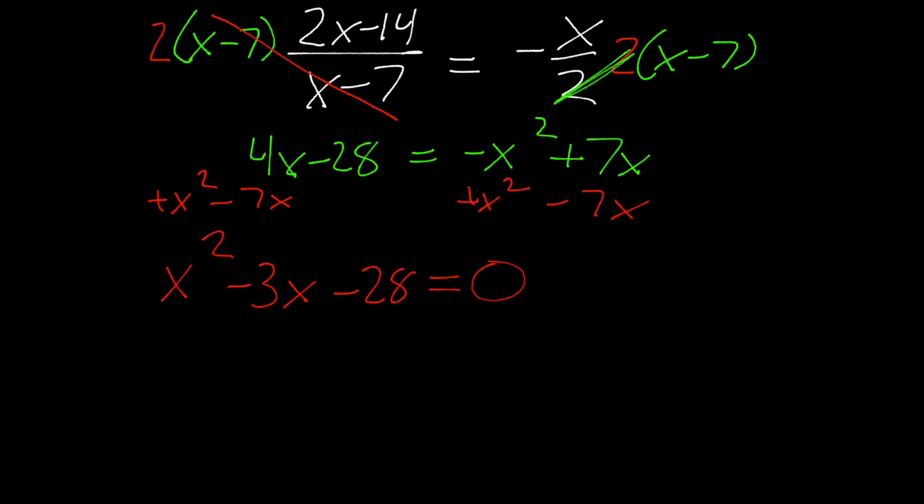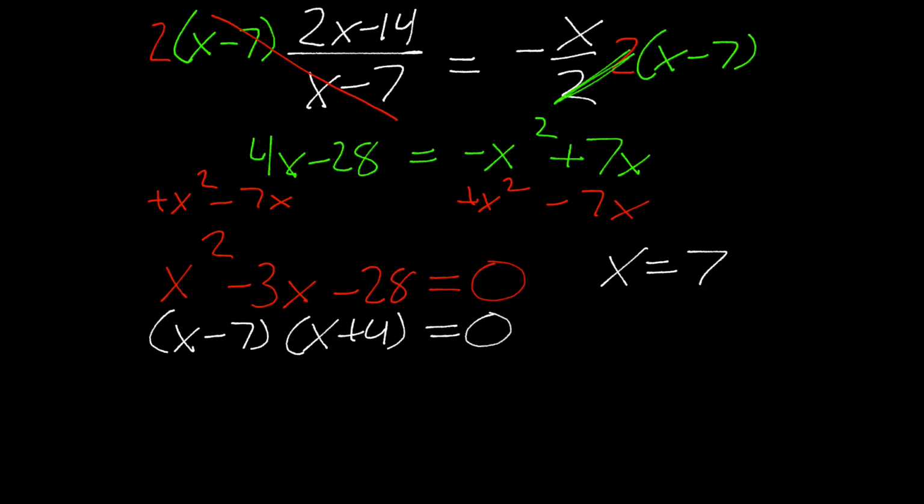We can solve quadratic equations using either the diamond method or the quadratic formula, just like we did in part 1. I'm going to use the diamond method here because this one is not too terrible. We get x minus 7 and x plus 4 equaling 0, telling us that our solutions are either positive 7 or negative 4.